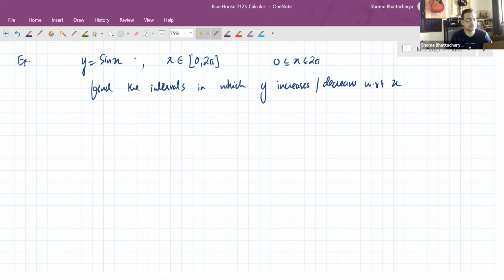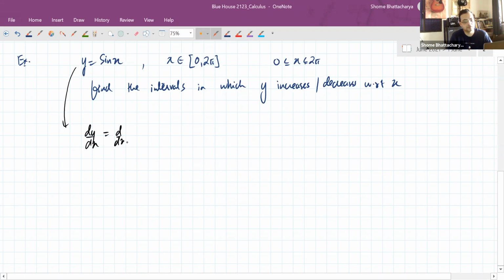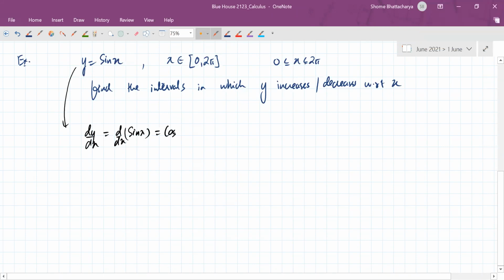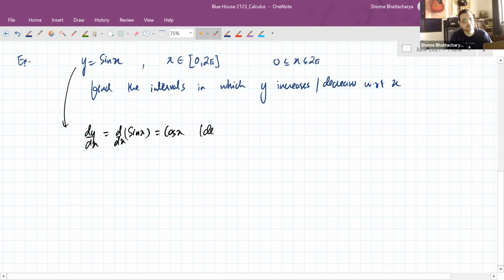So now we can understand that the rate of change of this function, or the derivative of sine x, is equal to cos x. So this is the derivative of the function. Therefore, dy by dx greater than 0 implies that cos x is greater than 0.